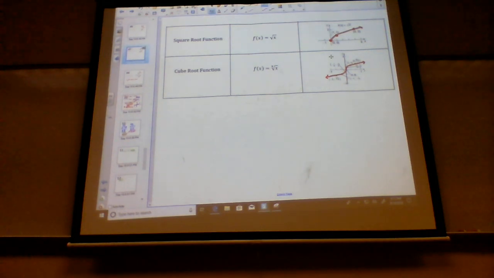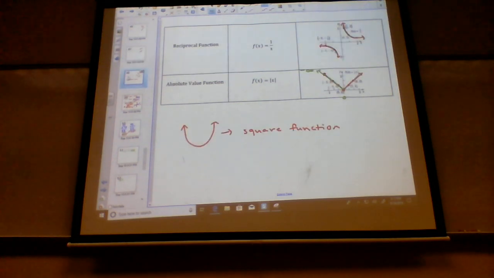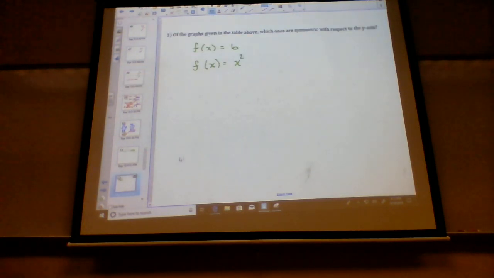The square root function wouldn't match up, neither would cube root. This one definitely wouldn't, but I think absolute value would. Absolute value would match up if you folded it over the y-axis, over this axis right here. So we'll make absolute value function our last answer: f of x equals the absolute value of x.